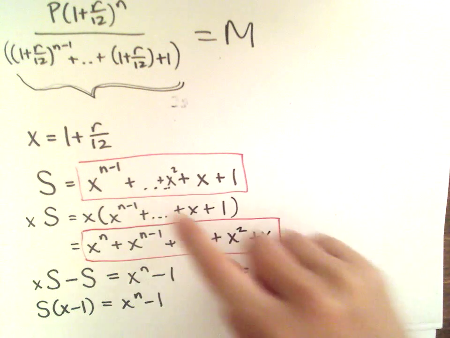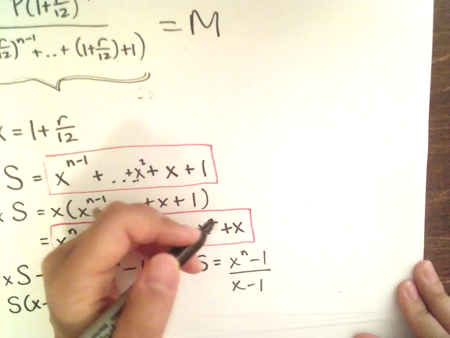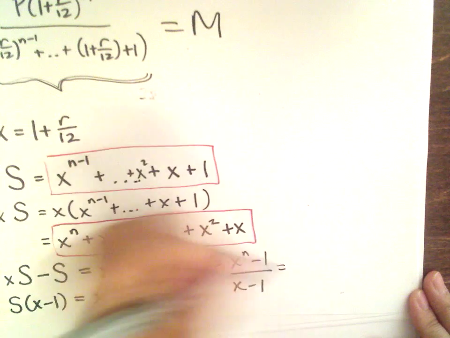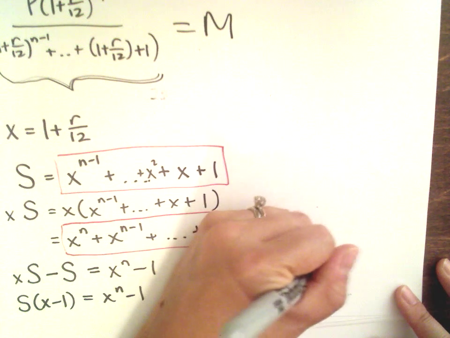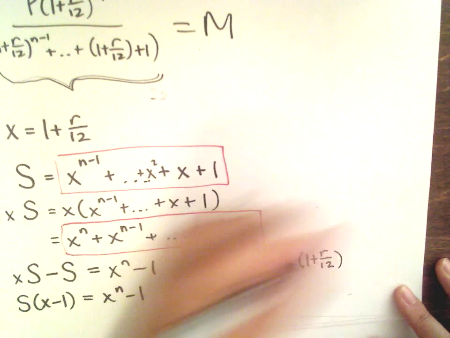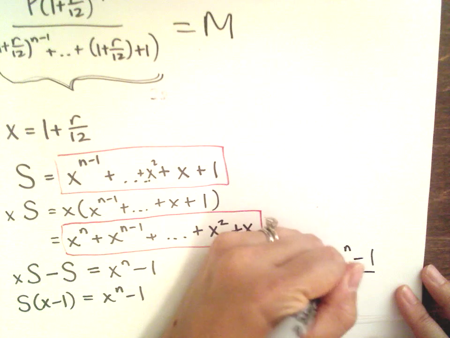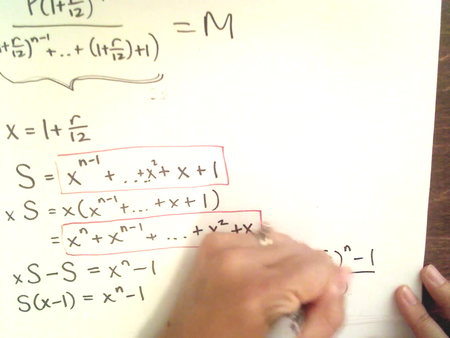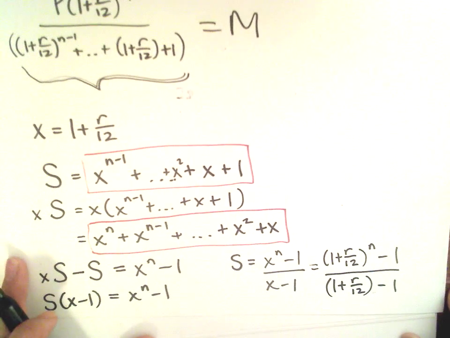And now we can re-substitute what the x was, and we can write down, let's see, 1 plus r over 12 to the n minus 1 over 1 plus r over 12 minus 1, now that we have substituted in what x actually equals.